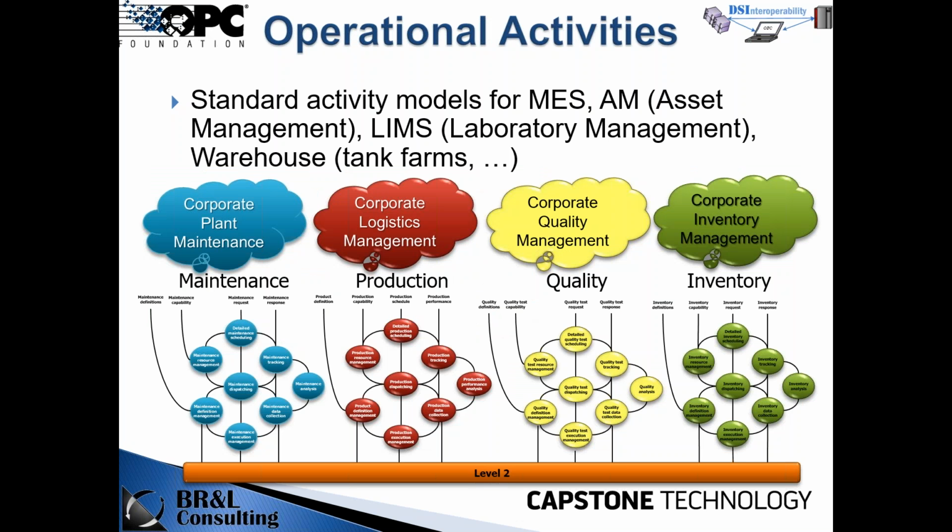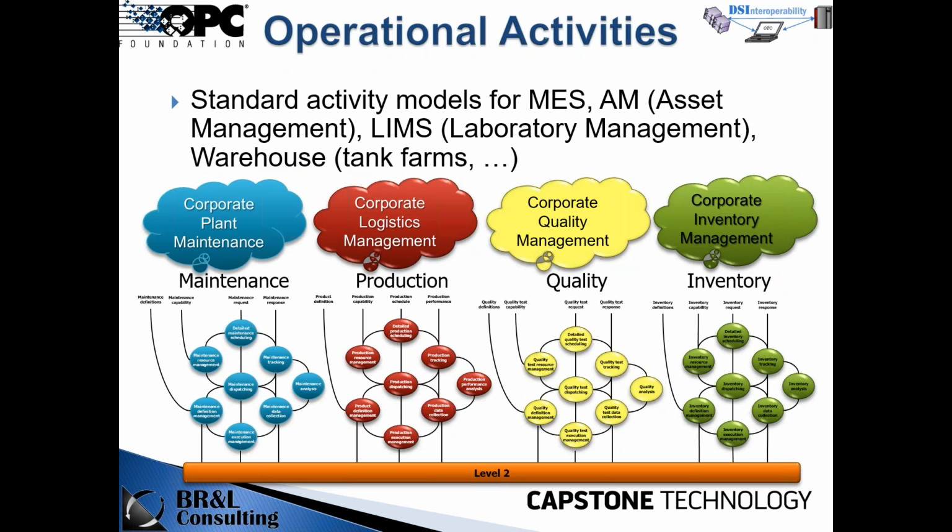Now, it's not just production, even though that's the one I talk about mostly. It's also plant maintenance, quality management, and what ISA95 calls inventory management, but in actual fact that's things like warehouses, automated guided vehicle systems that are moving materials, and tank farms. It's really managing the physical inventory of the facility.